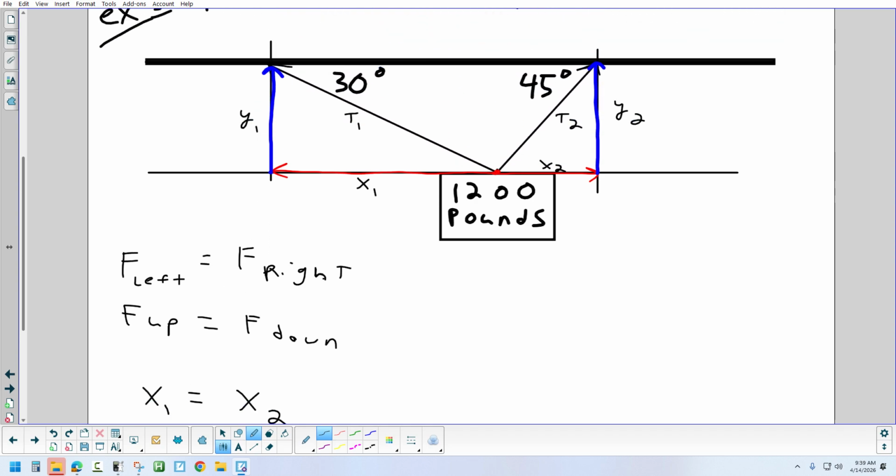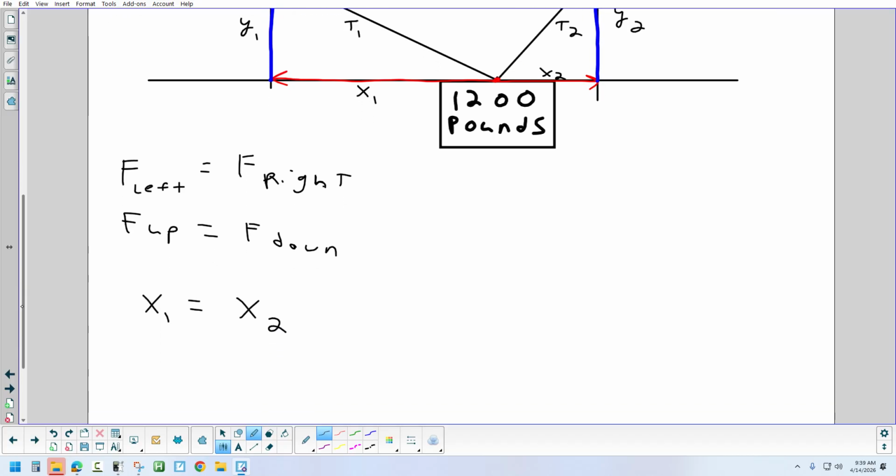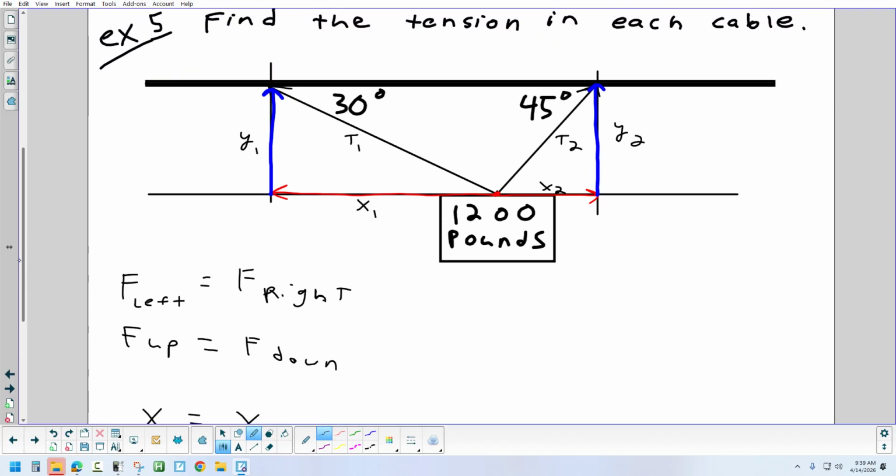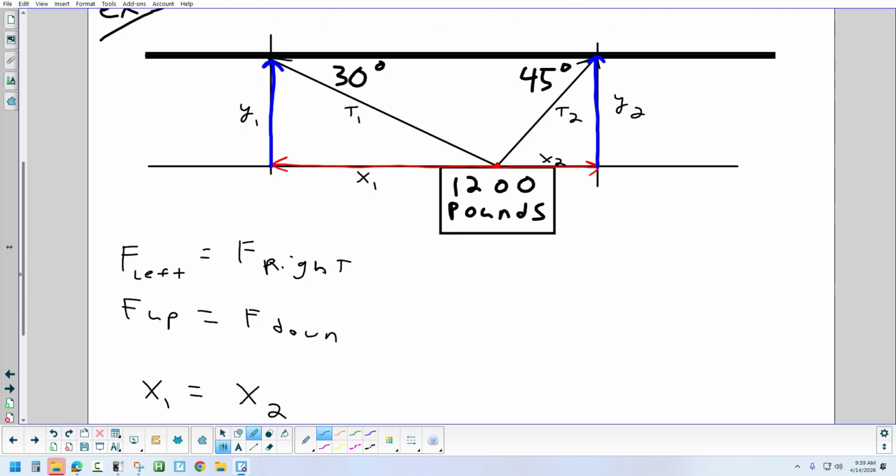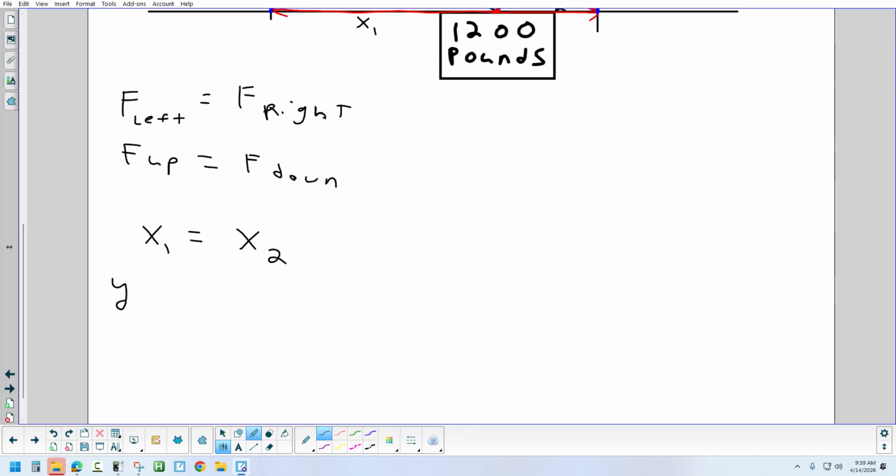Now the force up. What's the force pulling up in this one? Y1 and Y2, and they're working together, because if either cable was cut, the weight wouldn't fall all the way, because both cables are working together to hold it up. So Y1 plus Y2 is the force pulling up.